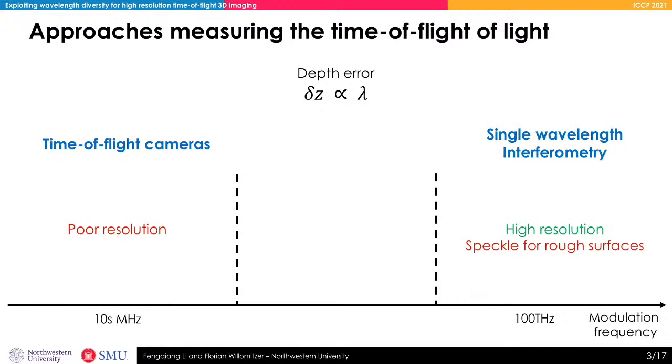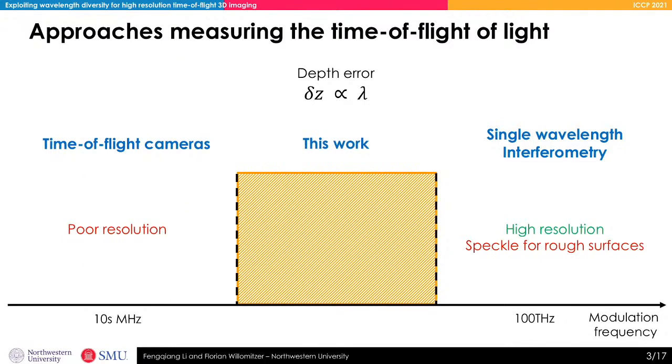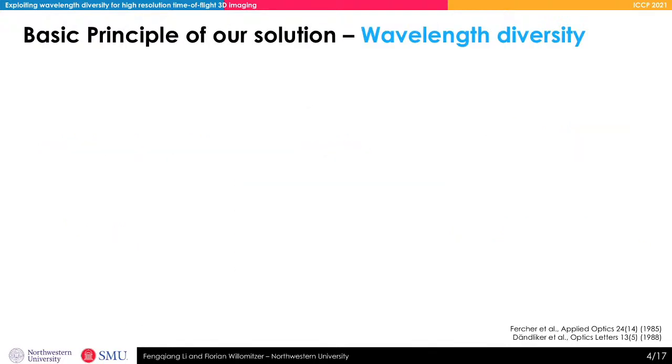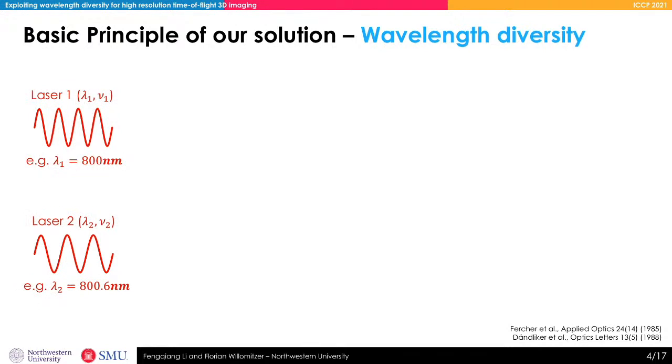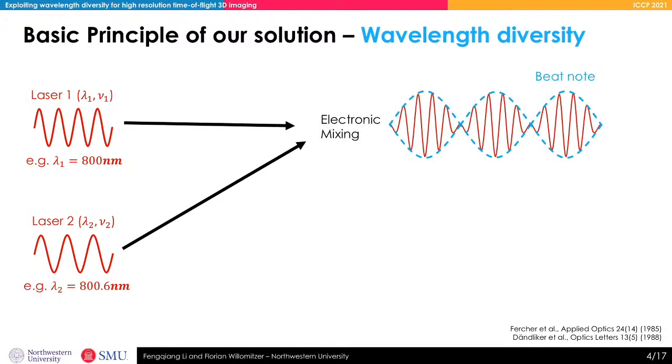So what we really need here is a wavelength that is larger than optical wavelengths but smaller than time-of-flight wavelengths, and this is exactly the regime we are operating in for this work. So our approach exploits wavelength diversity. What does this mean? This means if we superimpose two lasers with slightly different optical frequencies, we produce a high frequency wave with a low frequency beat note.